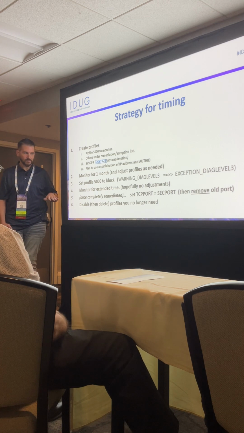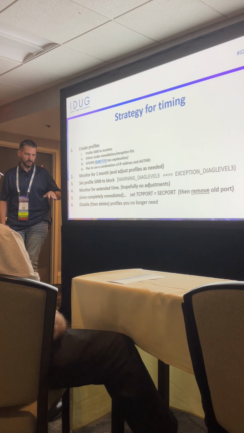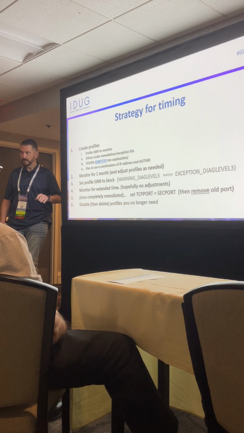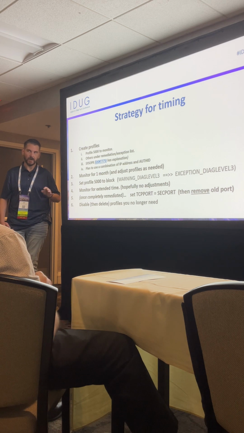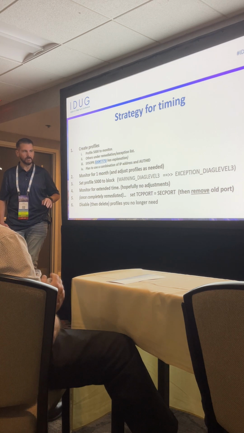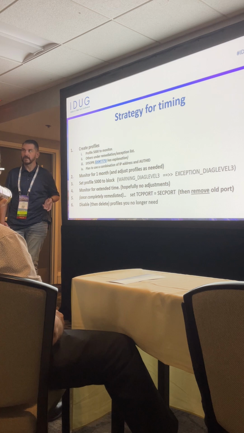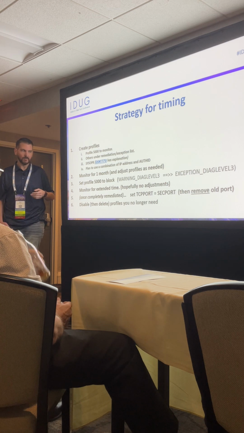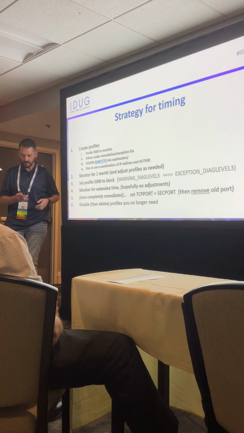Once you're at this point, that's when you disable your profiles that are there. Keep them there, but disable them. That way, if you've got to go backwards, God forbid, you're not scrambling to put all that stuff back. But again, you want to clean up after yourself and do some housekeeping there.